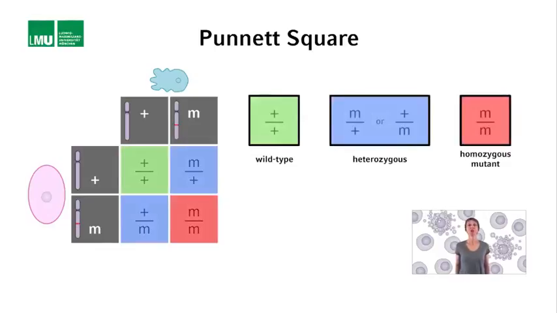There are 3 different genotypes that you get. Plus over plus, completely wild type. M over plus, heterozygous, like the F1 animal. And m over m, homozygous mutant. These occur at a 1:2:1 ratio.